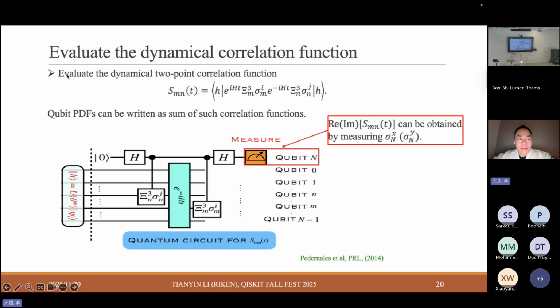Finally, we need to evaluate the dynamical correlation function on a quantum computer.